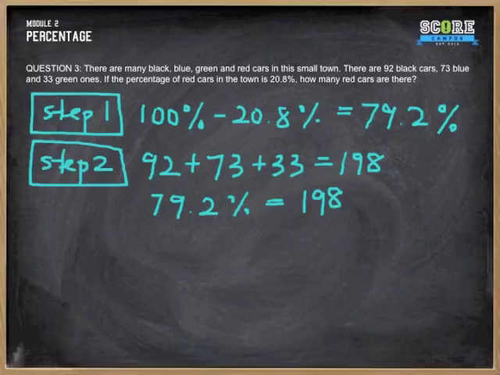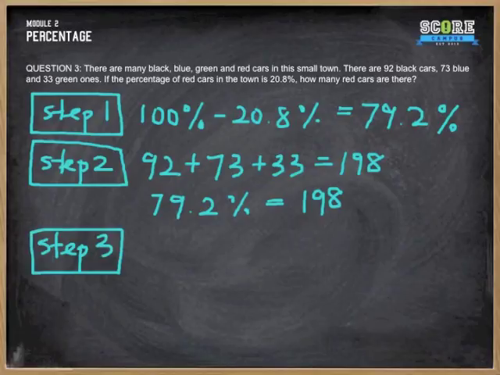Are we on the same page here? If we are, let's move on. So now we can find out how many red cars there are. Okay, 79.2% equals to 198. Therefore, 1% would be 198 over 79.2.